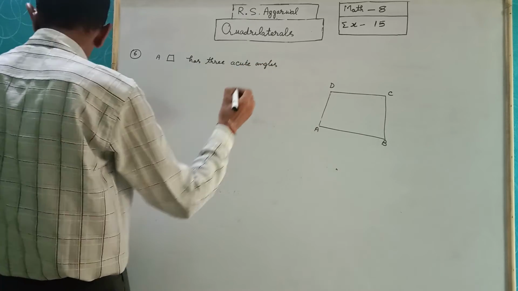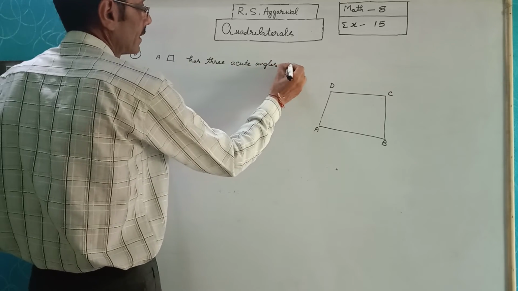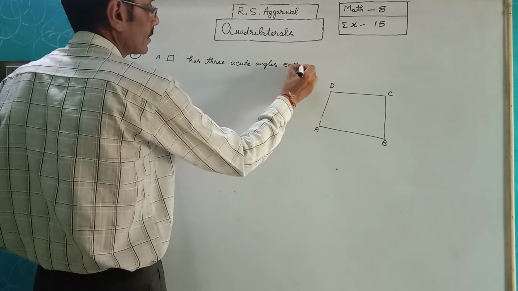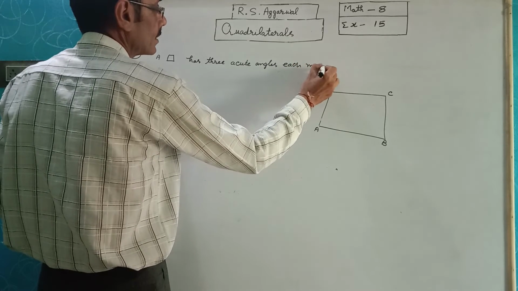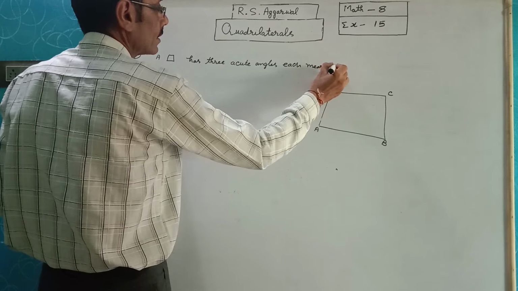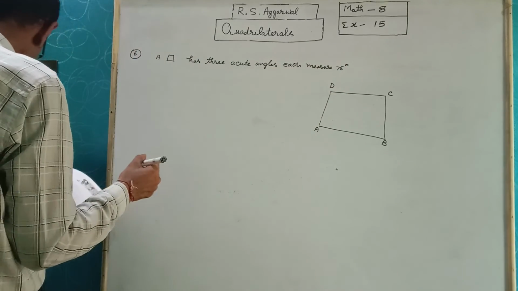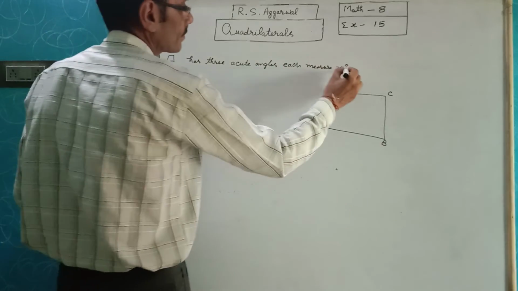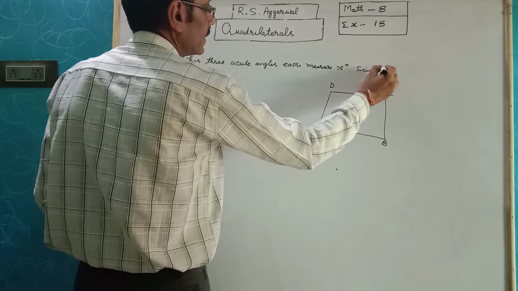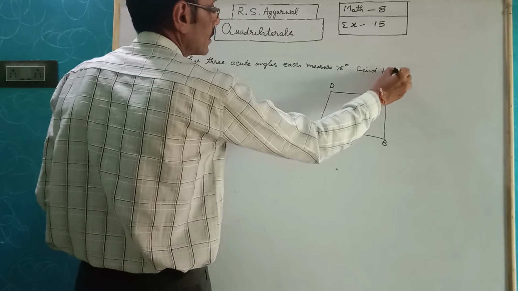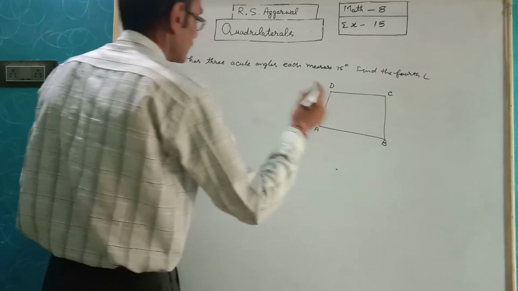Acute angles mean less than 90. Each measures 75 degree. Find the fourth angle.